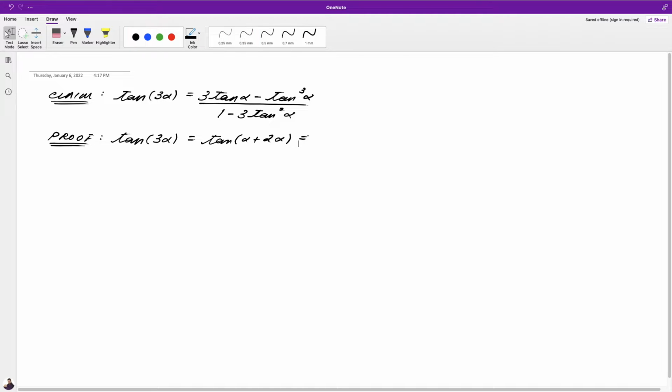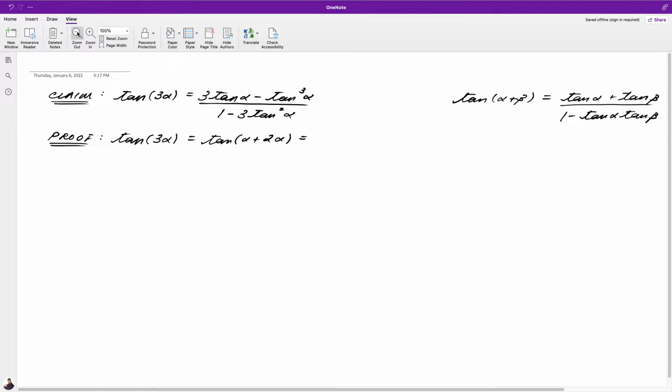And now we want to think about what the tangent of a sum is. Well, the tangent of a sum is, and we've proven this, of course, in a past video, tangent of alpha plus beta is equal to tangent alpha plus tangent beta over 1 minus tan alpha times tan beta.